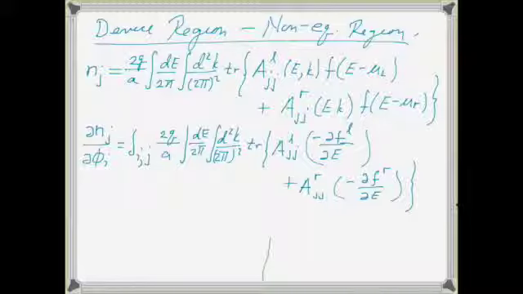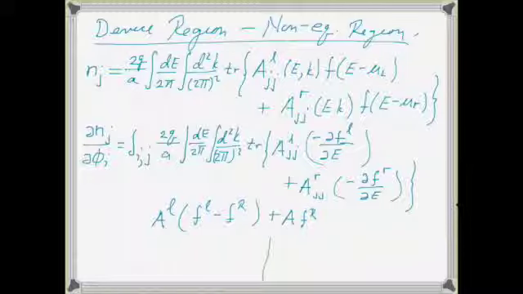And we had a more numerically efficient form for the electron density that looked like, I think, an A left times F left minus F right, plus maybe the full spectral function times F right, or F left.